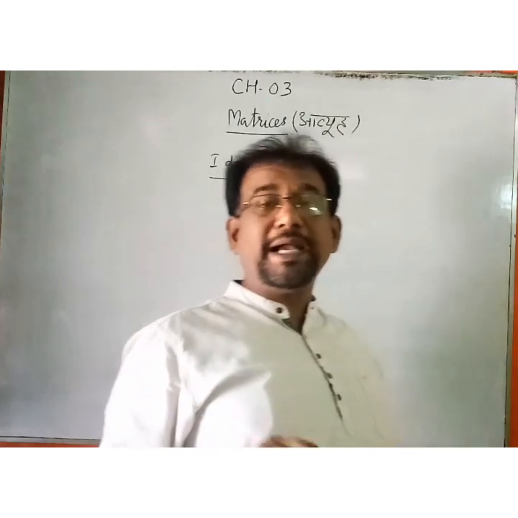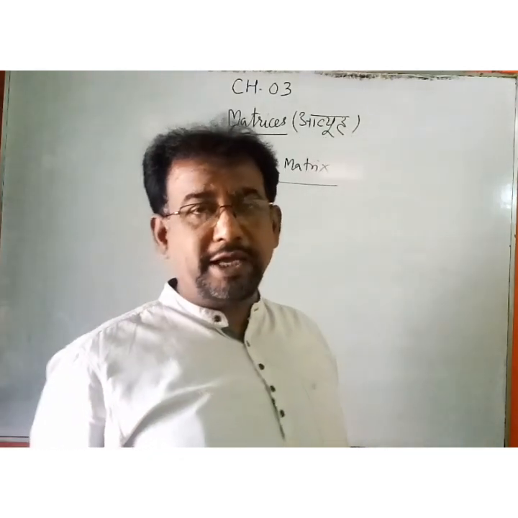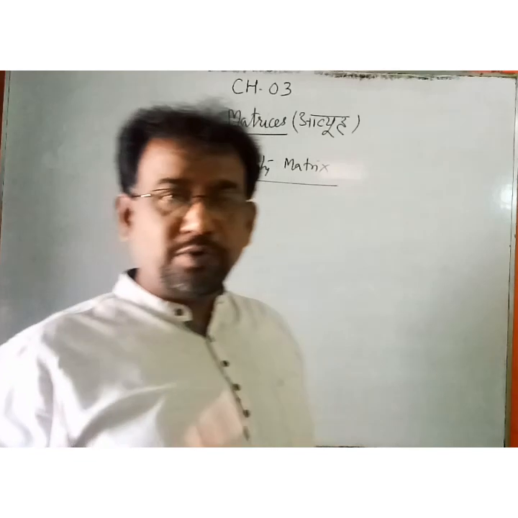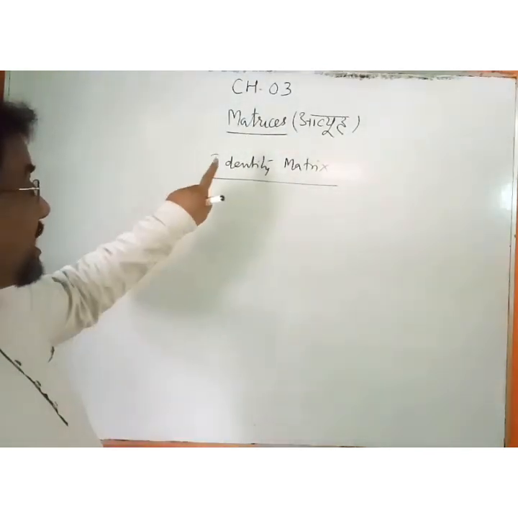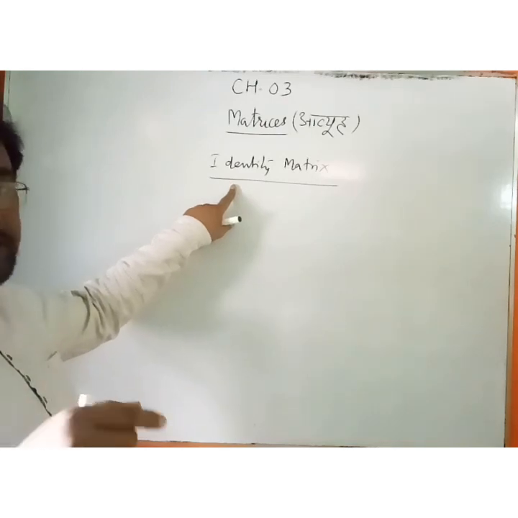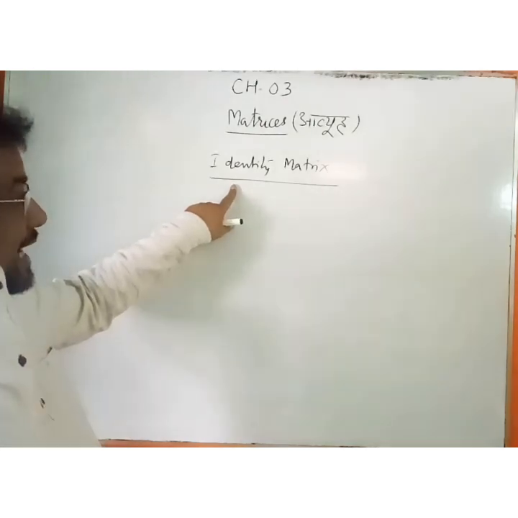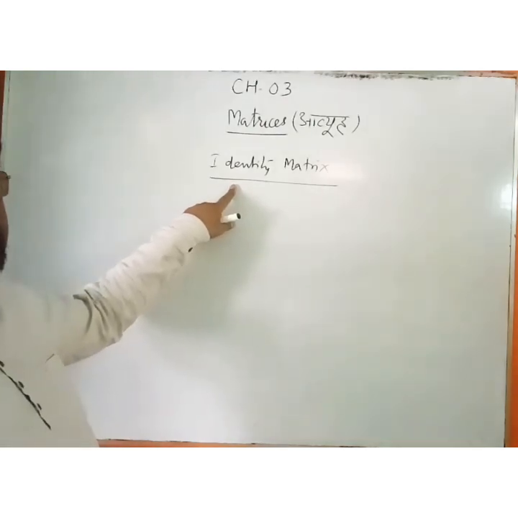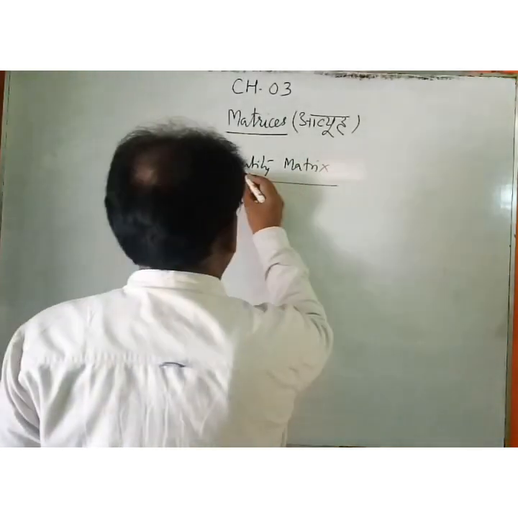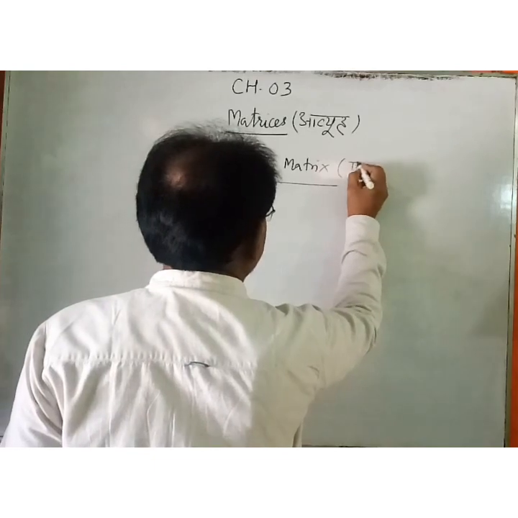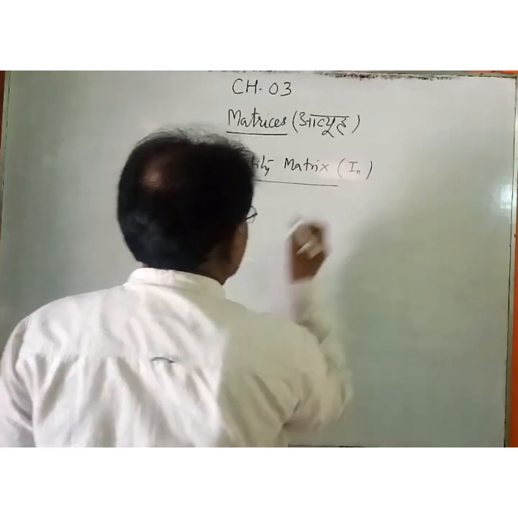Any number multiplied by 1 gives the same number as answer. So 1 is known as the multiplicative identity. This identity matrix, you will later see, when multiplied with any square matrix will give the same matrix as a result. So this is known as identity matrix. In general it is denoted by I n.